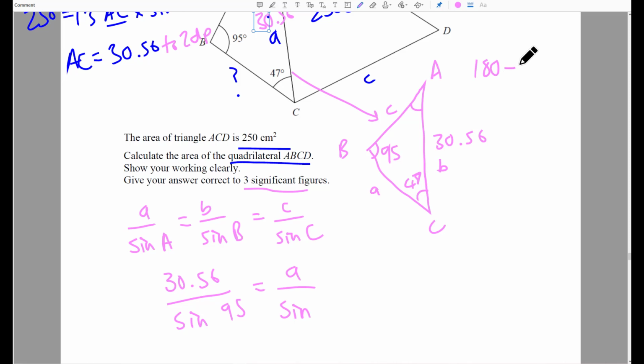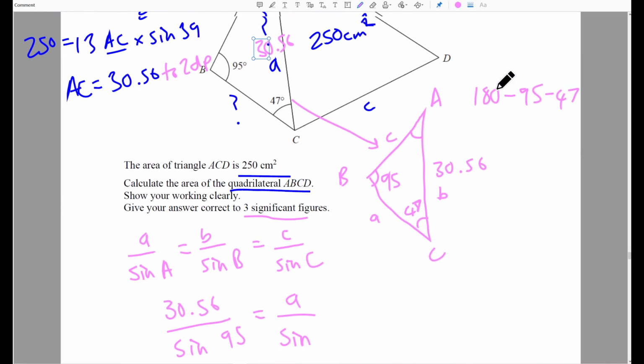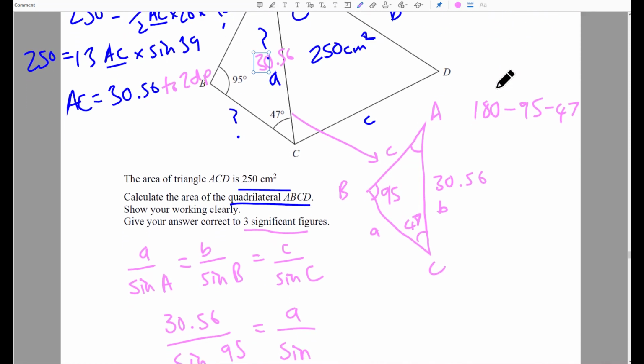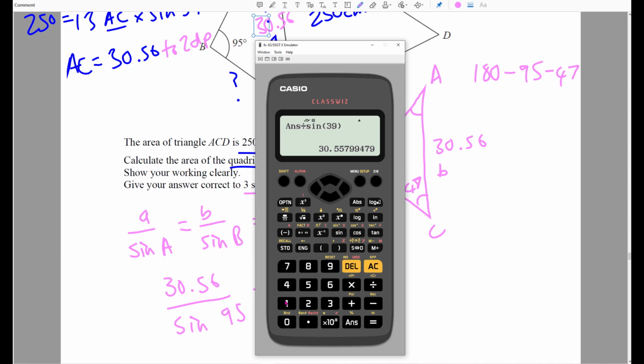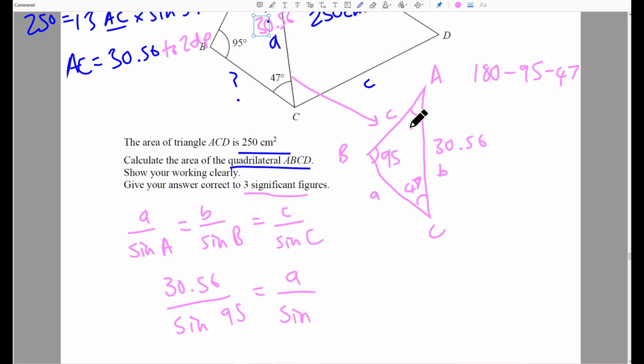So what's 180 minus 95 minus 47? Let's just check that out. Not worth making a silly calculation error. So I'm just going to use a calculator. 38. That is wonderful. That's 38.